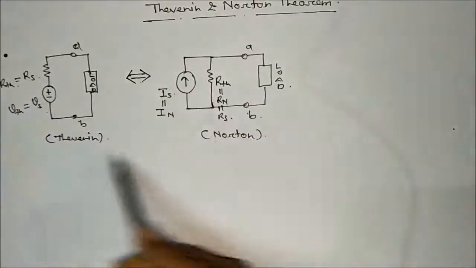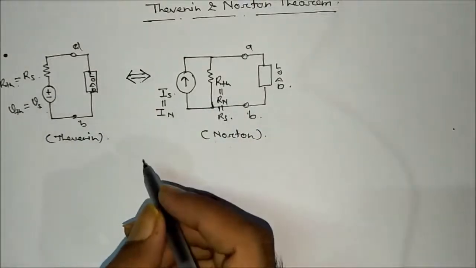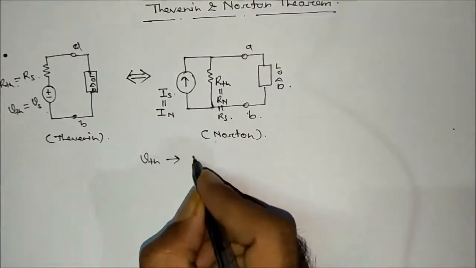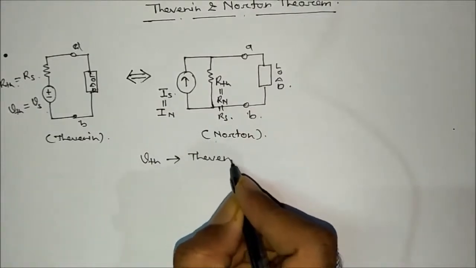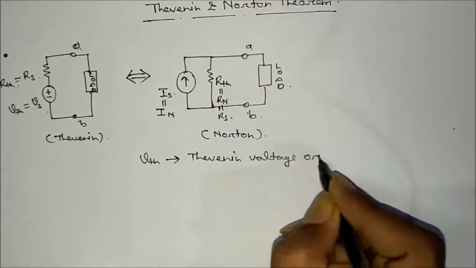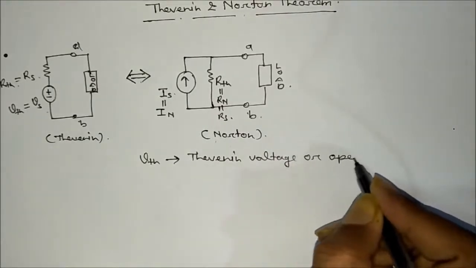In these two equivalents, the parameters are Vth, the Thevenin voltage, or open circuit voltage.